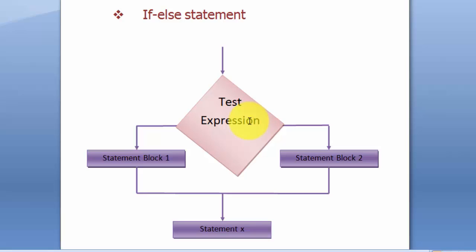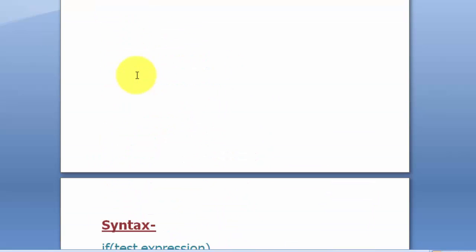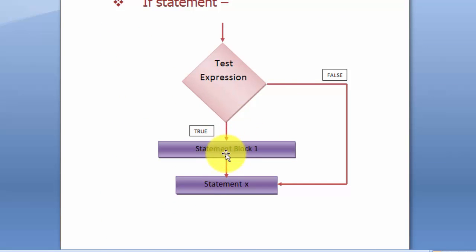The test expression is evaluated, and if the result is true, the statement followed by the expression is executed. Else, if the expression is false, the statement is skipped by the compiler, as I told you in the previous statement. This one, right?